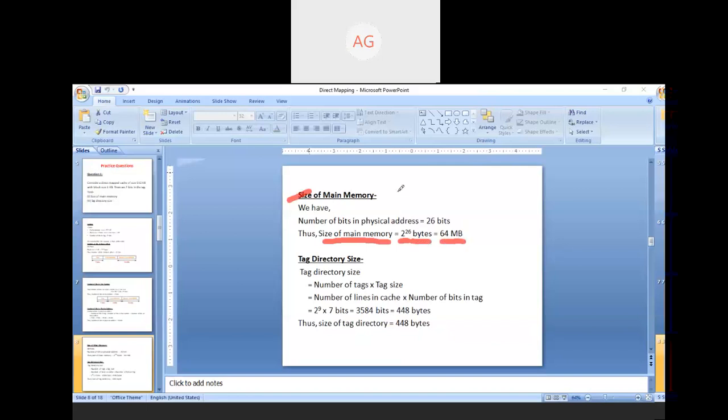You may know that, or if you don't know that, then write this. These are the unit conversions. 1 KB is equal to 2 to the power 10 bytes.